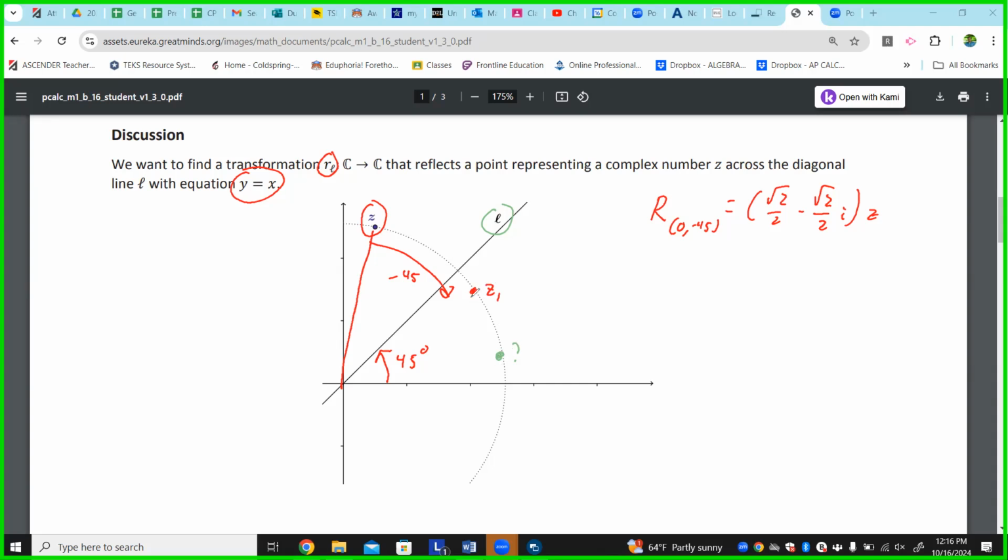So the next thing I want to do is actually do a reflection across the x-axis. So I'm now going to take whatever this is, let's call this z1, and I want to do a reflection over the x-axis.